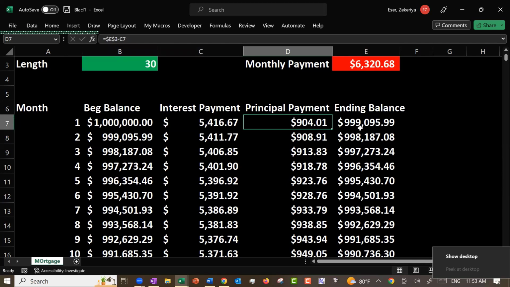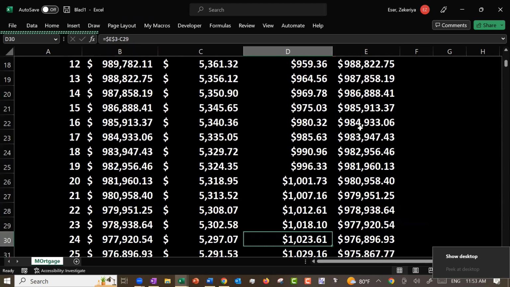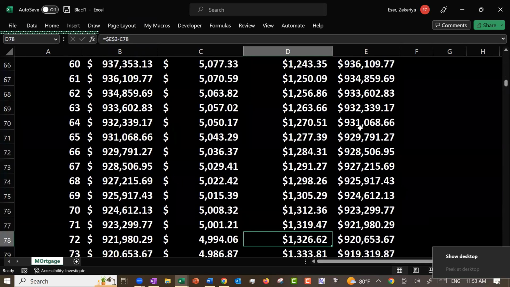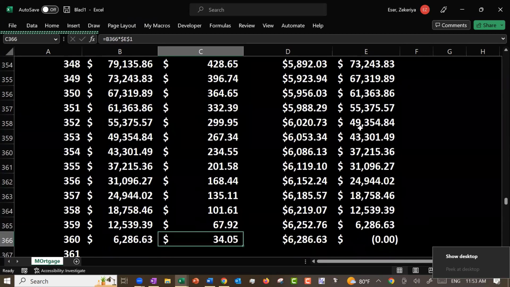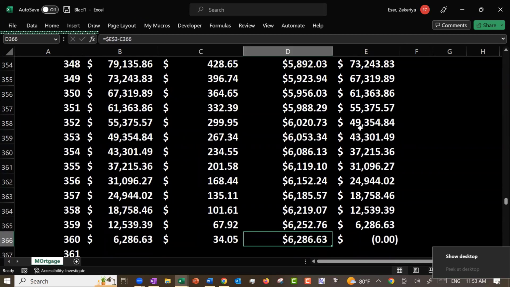And if you're the holder of the principal payment, when the mortgage is still alive, you're going to collect these monthly principal payments. As you can see, it keeps going up. Eventually, almost all of the payment is the principal payment.